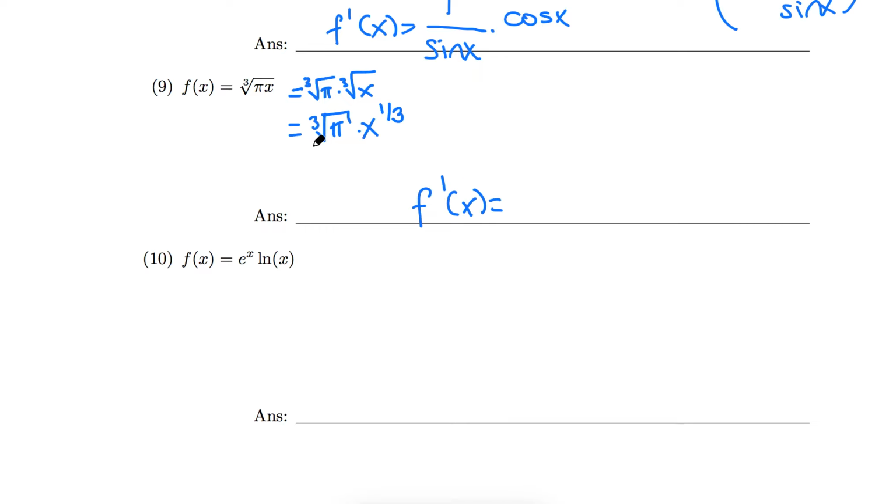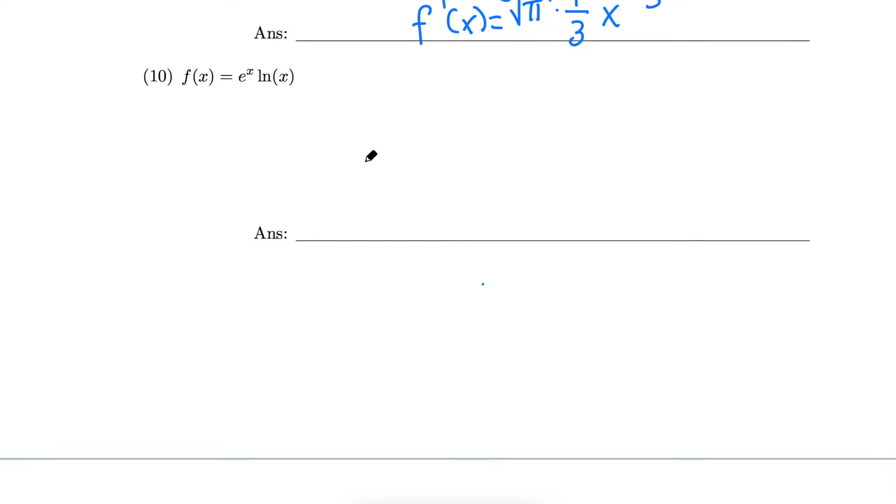This cube root of pi is just a coefficient of x. It's a number, it's a constant number multiplied to x. It's a coefficient. So put the coefficient. And then derivative of x to the 1/3 is 1 over 3 times x to the power 1/3 minus 1, which is negative 2/3. That's x to the power negative 2/3. So that's our answer.